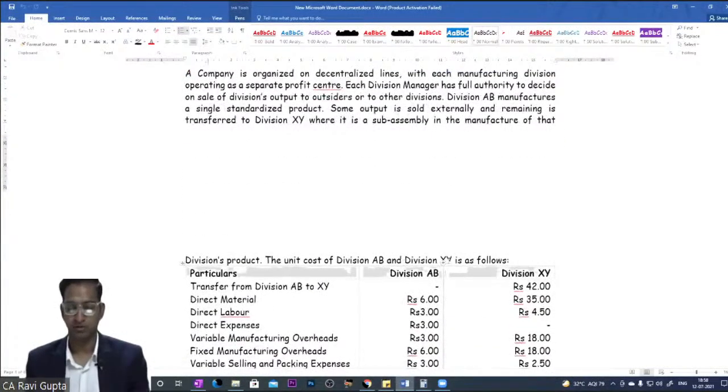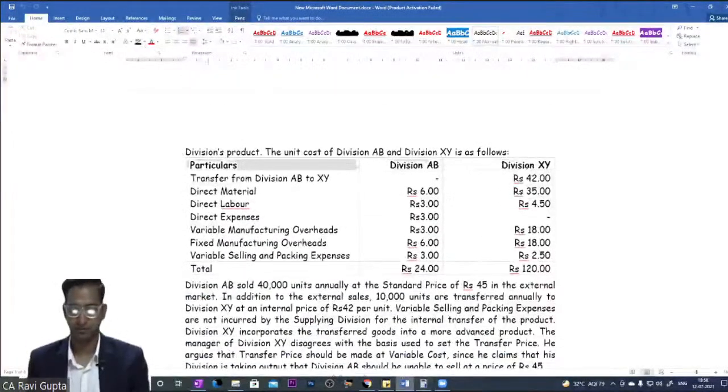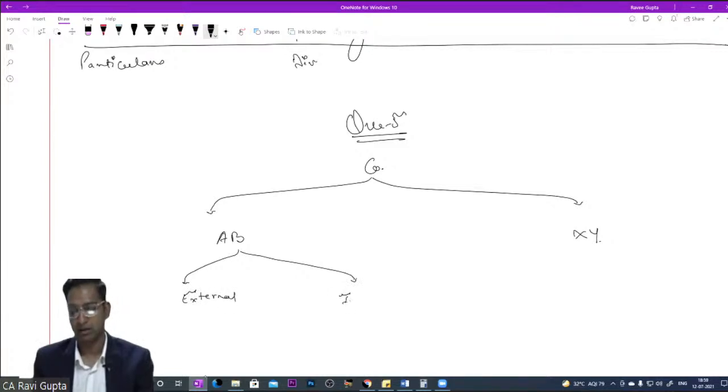The unit cost of division AB and XY is given as follows. Transfer from division AB to XY at rupees 42. Okay, so we have external and we have internal.